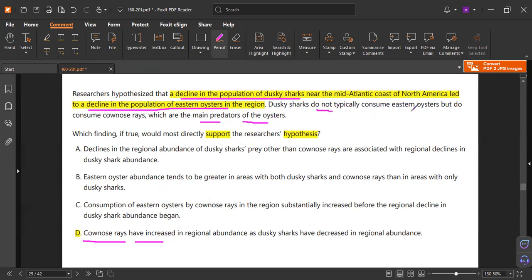So they don't consume oysters, but they consume this one. And this means an increase for this one. You imagine it? Yes. If so, this one increases as the dusky sharks have decreased in regional abundance. That's the point.